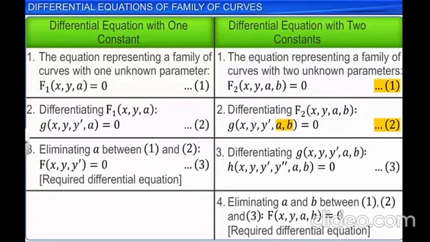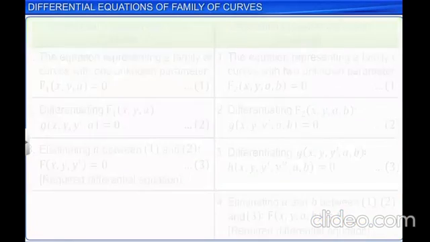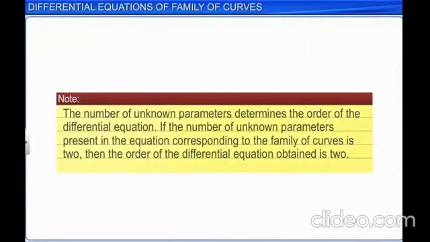Therefore, we differentiate equation 2 again to obtain equation 3. The required differential equation is obtained by eliminating the unknown parameters using equations 1, 2, and 3. Note that the number of unknown parameters determines the order of the differential equation. If the number of unknown parameters present in the equation corresponding to the family of curves is 2, then the order of the differential equation obtained is 2.